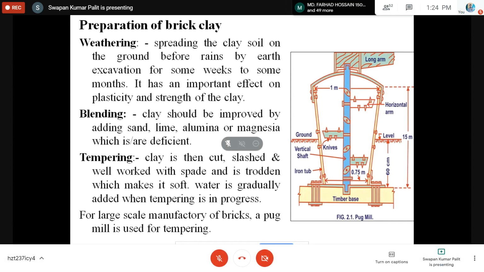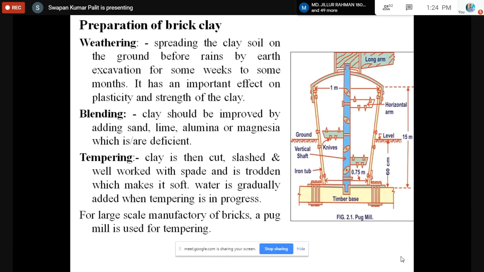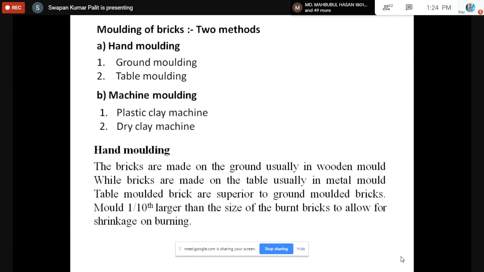After preparing the brick clay, what we have to do? We have to make brick molds. So we need some mold. For molding brick, there are two methods we can use. One is hand molding, another is machine molding.